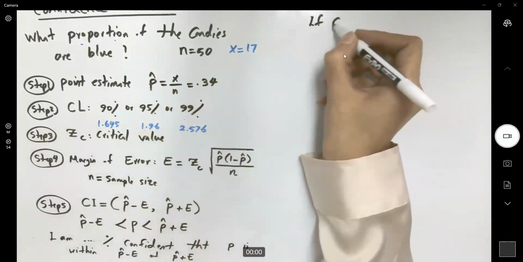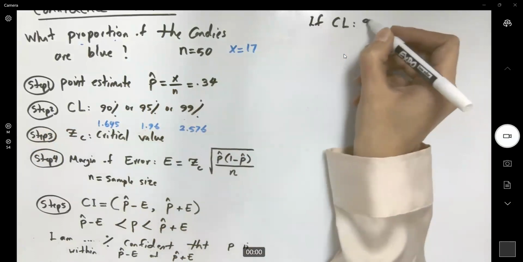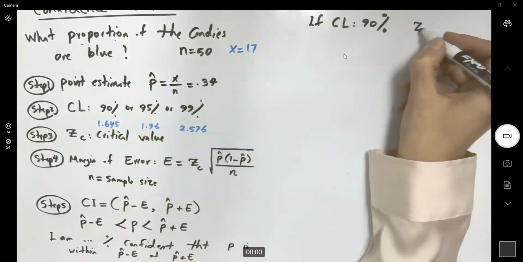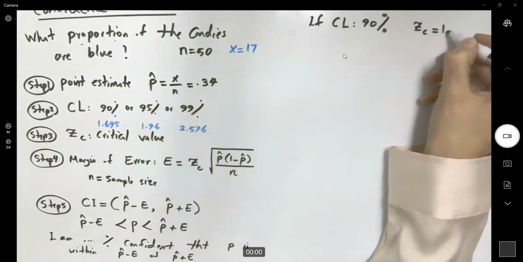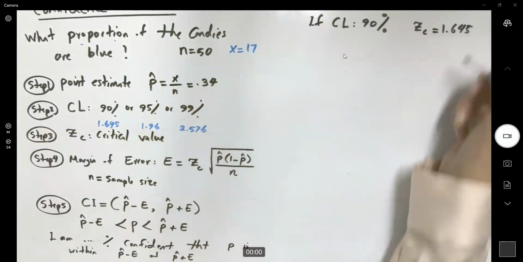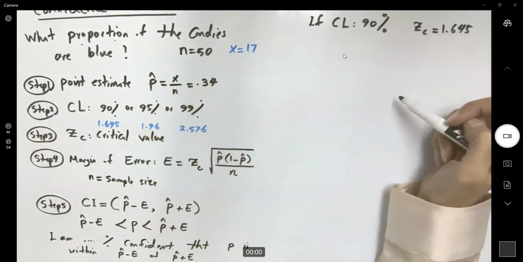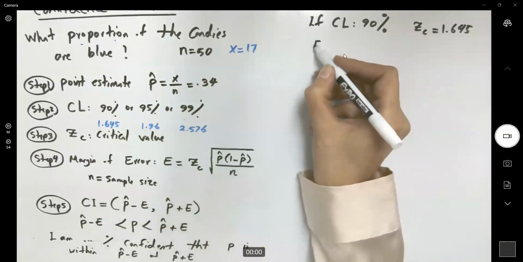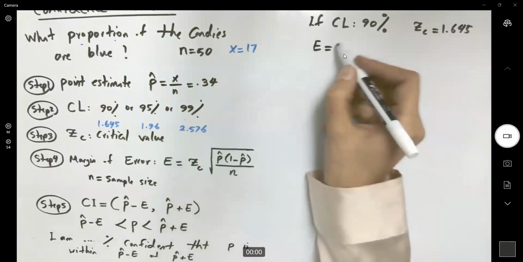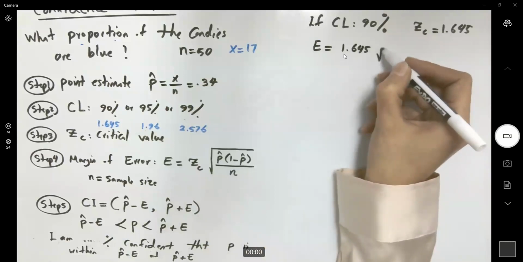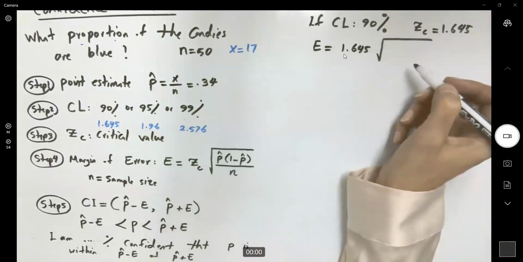In the next step, let us calculate the confidence interval for each of these cases. If the confidence level is 90%, then we know that ZC is 1.645. This is my critical value. What is the margin of error? The margin of error is ZC, which is 1.645, multiplied by this radical.